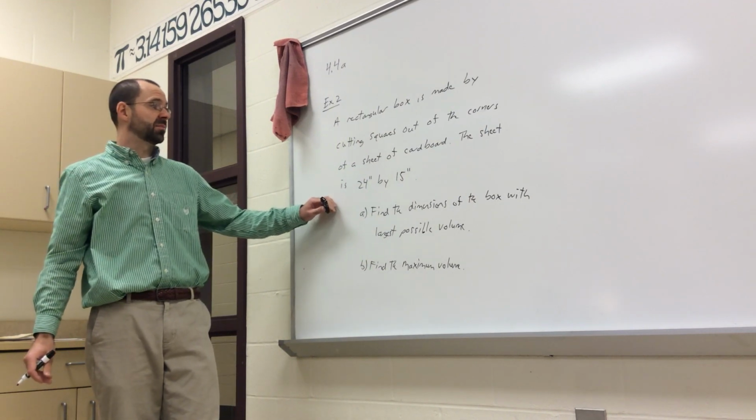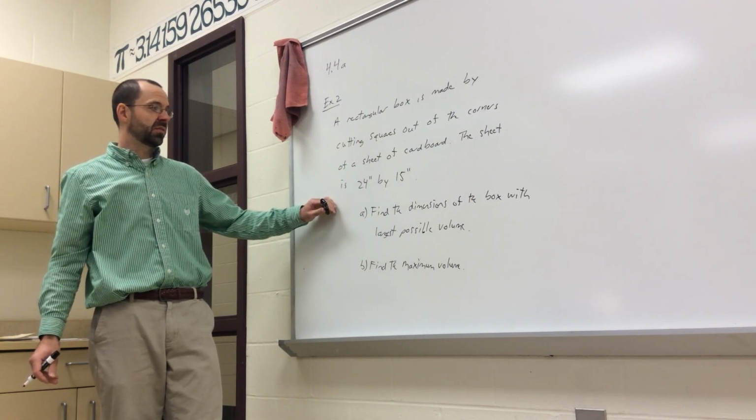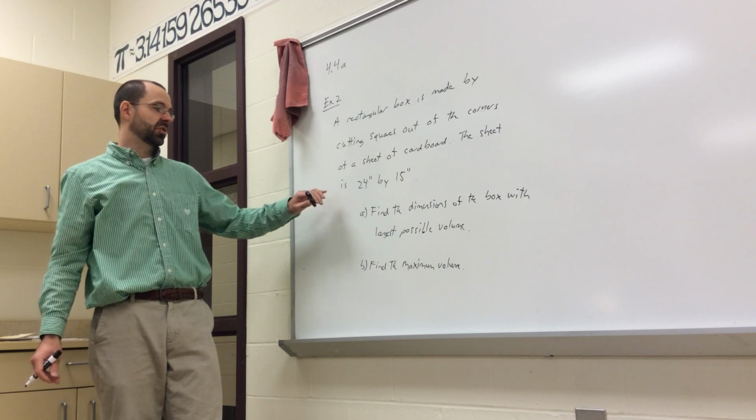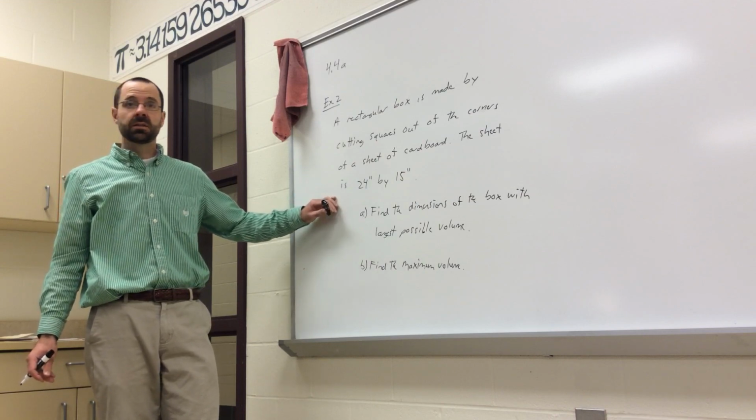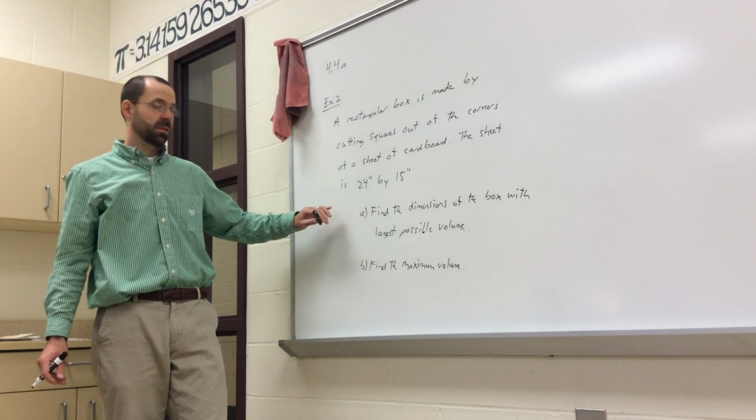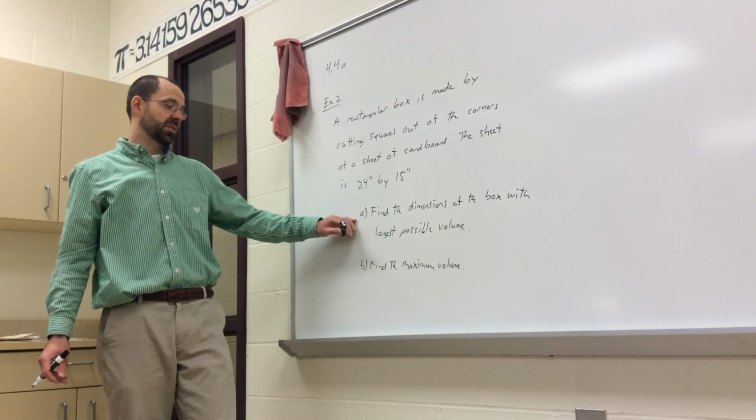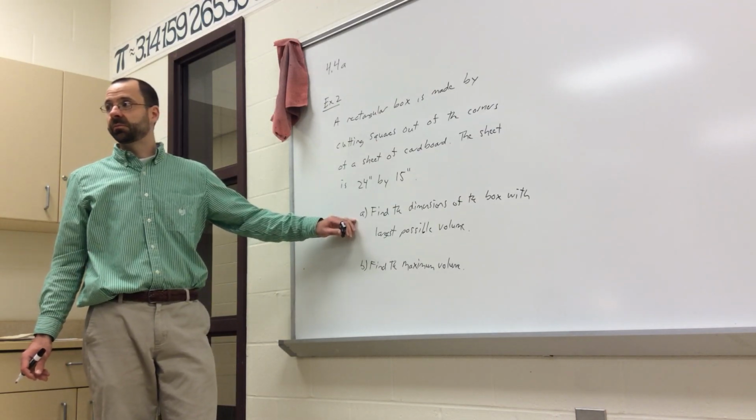A rectangular box is made by cutting squares out of the corners of a sheet of cardboard, and the sheet is 24 by 15. We're going to find the dimensions of the box with the largest possible volume.